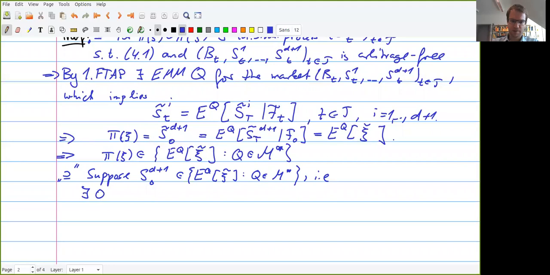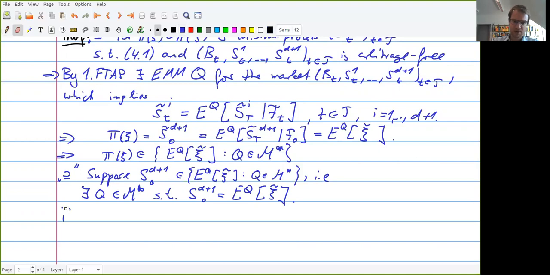There exists an equivalent martingale measure Q such that D^{d+1} at 0 is equal to the expected value under this martingale measure Q of the discounted claim. This is just the definition of this set. Okay, so now we need to construct a price process to verify that this D^{d+1} is indeed an arbitrage-free price.